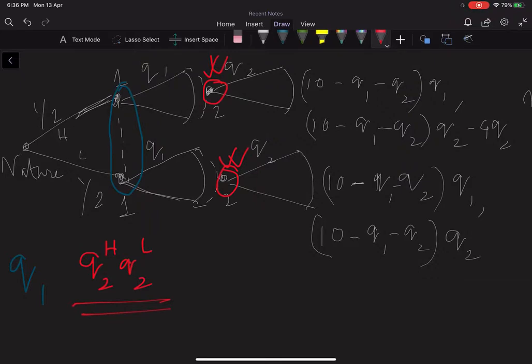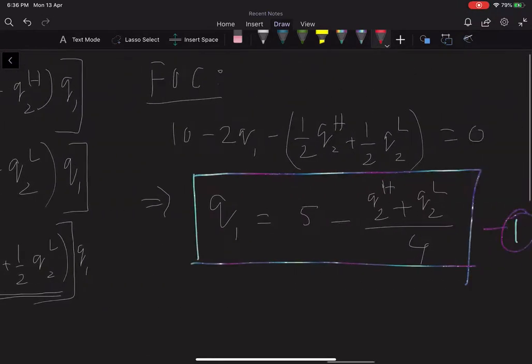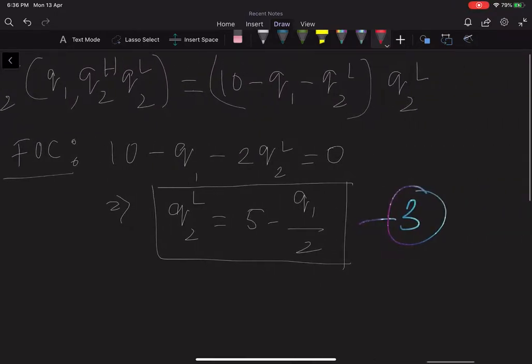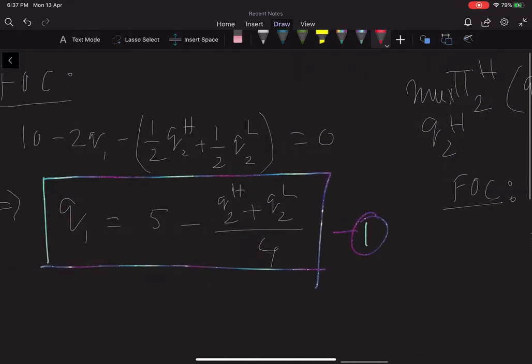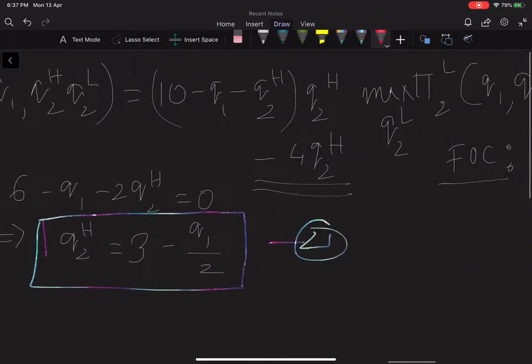Given this, we basically have to solve equation 3, equation 2 and equation 1. So we know the expressions for Q2H and Q2L as a function of Q1 in 2 and 3, so we can substitute 2 and 3 inside 1. So suppose I do that.